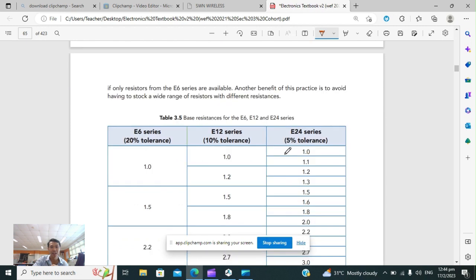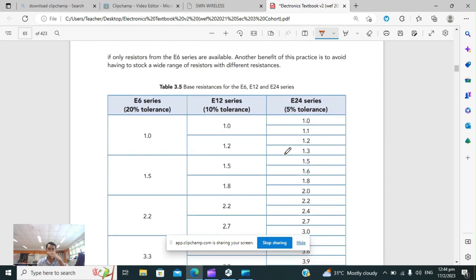So what they do is they have fixed resistor values that they manufacture. We are just going to look at this E24 series, a slightly more differentiated series with 5% tolerance, the gold color band.